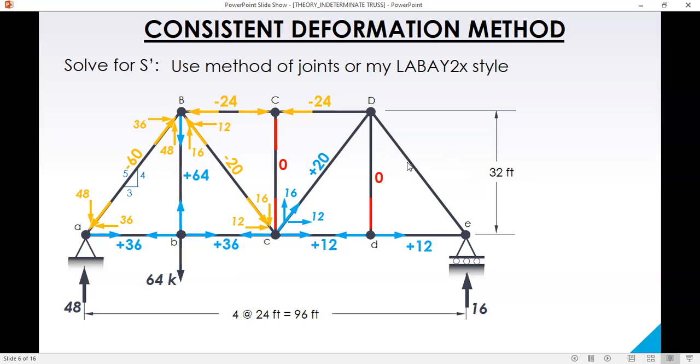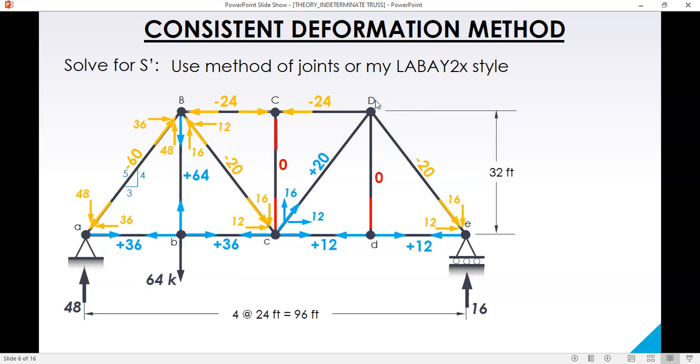Okay, so for this last member, DE, let's analyze joint E. So at joint E, 16 will be balanced by this one, 16 also. And with 16 vertical, the horizontal is 12. So if we check the horizontal components, 0 sad.